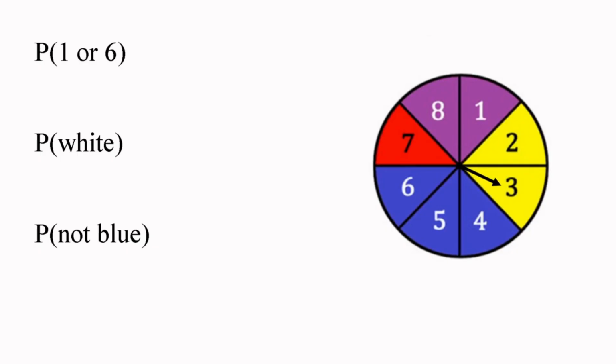Again, here we want to find the probability of getting 1 or 8. Let's write the sample space again. For the numbers, it's gonna be 1, 2, up to 8.